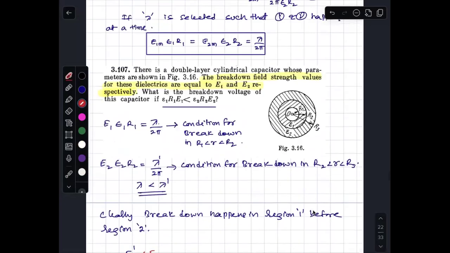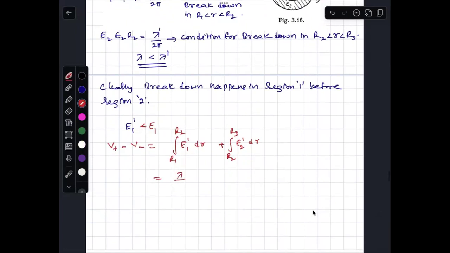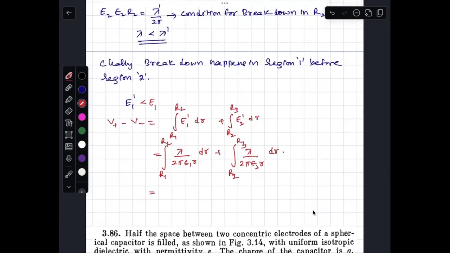I have given the formulas previously: lambda by 2 pi epsilon 1 r dr, integrated from R1 to R2, plus lambda by 2 pi epsilon 2 r dr, integrated from R2 to R3. This becomes lambda by 2 pi epsilon 1 log e R2 by R1 plus lambda by 2 pi epsilon 2 log e R3 by R2.